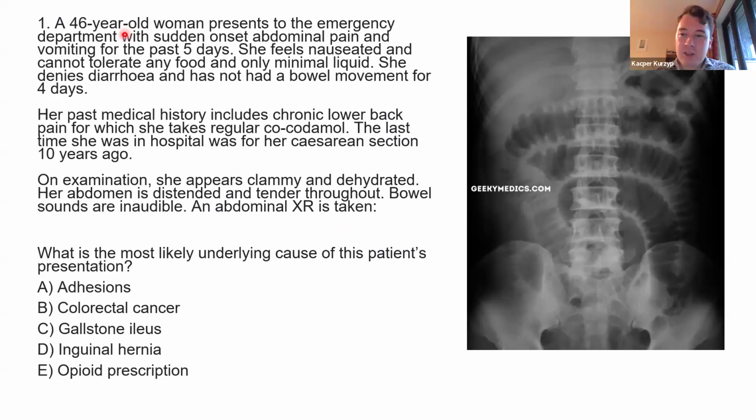You have the history, which is already suggestive of small bowel obstruction with the very significant nausea and vomiting. The abdo X-ray with valvulae conniventes confirms the small bowel obstruction. And given the patient's history of C-section and no other significant history, adhesions are the most common cause of small bowel obstruction.